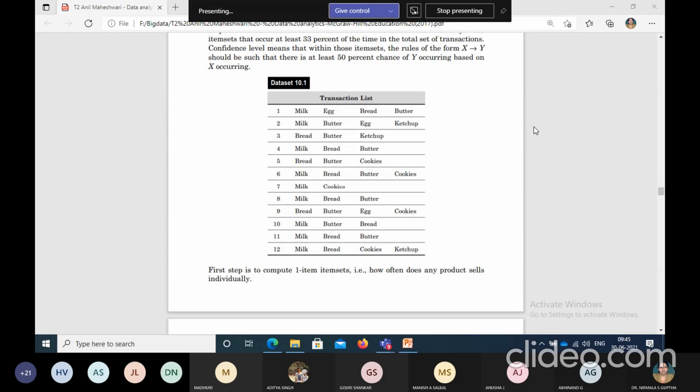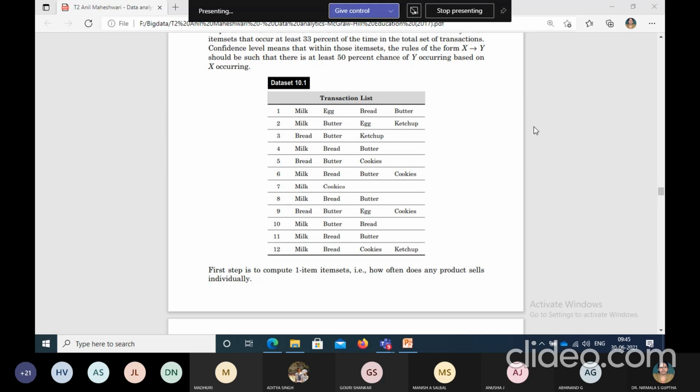So the minimum support we are fixing is 33%, and the confidence level will also be set as 50%. This means we have decided to consider the rules defined from the given item sets that occur at least 33% of the time in the total set of transactions.